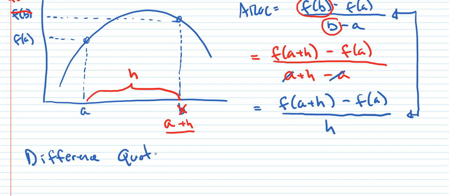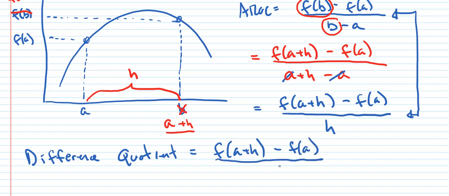And so the difference quotient is just another way of finding the average rate of change, but instead of knowing the second point, what we know is a very small distance between these 2 points. Usually the distance H is going to be something small, such as 0.1 or 0.01 or 0.001 or 0.0001. These are all potential H values.